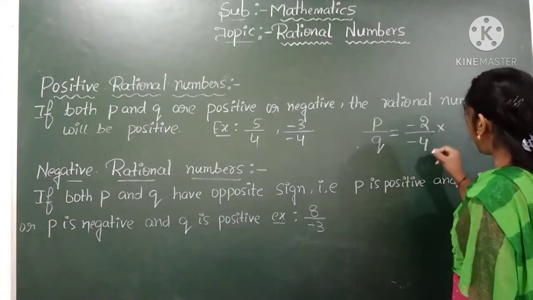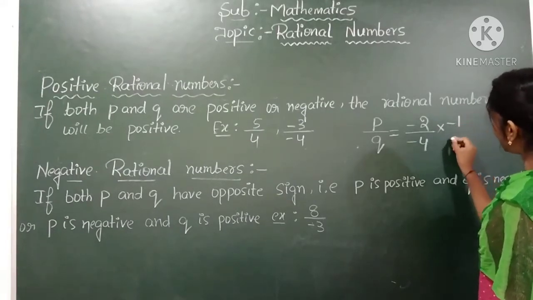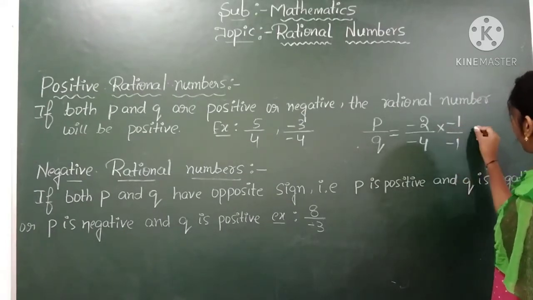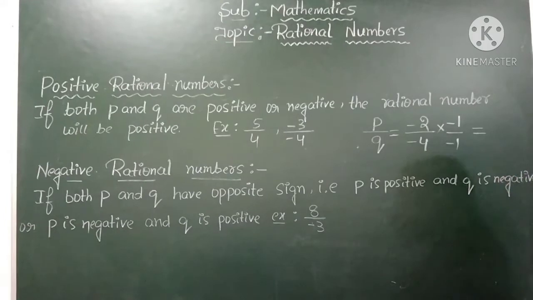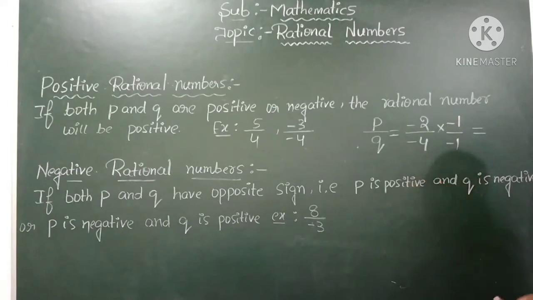If you multiply both sides by minus 1, what is the answer? To make equivalent fractions, we have to multiply the same number to the numerator and the denominator. Yes, minus 2 into minus 1 is 2.